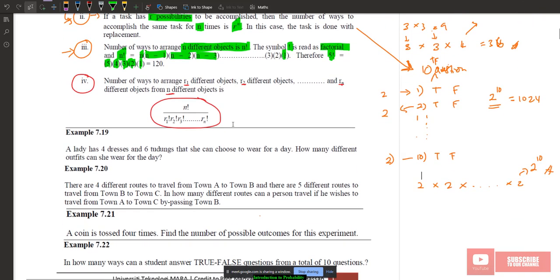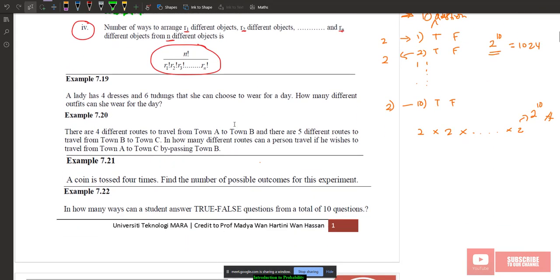So now, let's look at example number 7.19. A lady has 4 dresses and 6 tudungs that can be chosen to wear for a day. This is the example I gave earlier. How many different outfits can she wear for that day?